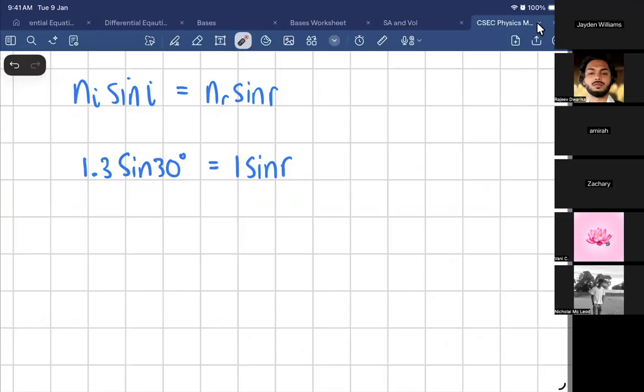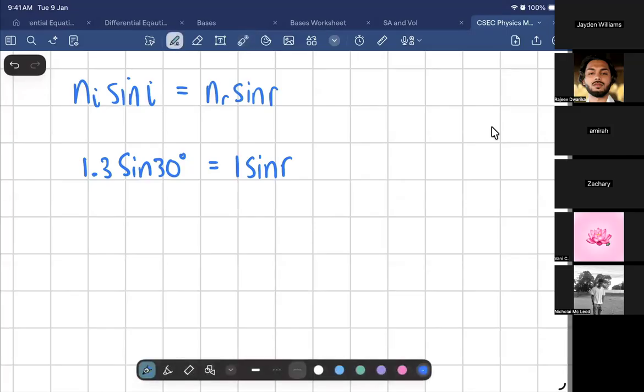All right, so Amira, if you're genuinely feeling a little lost, talk to me. So you're gonna flip it and put 1 sine R in front. Tell me, sine R is equal to what? 1.3.